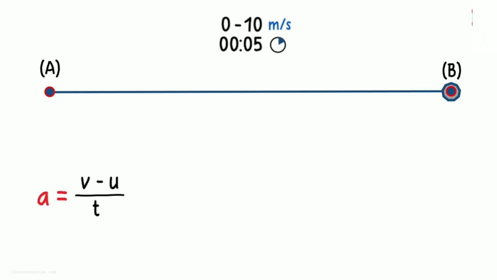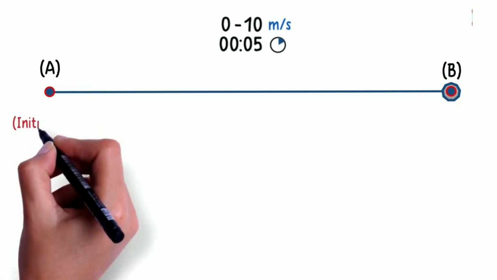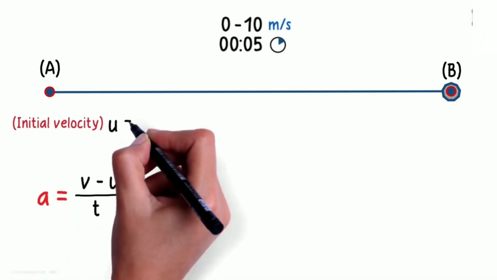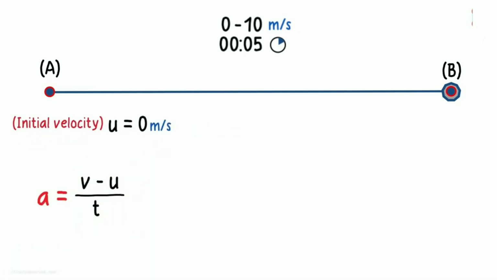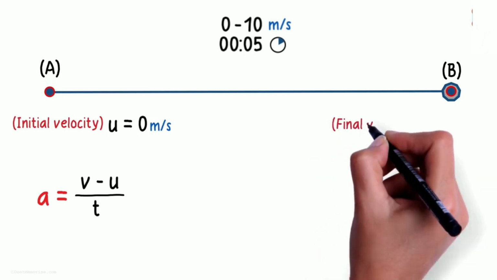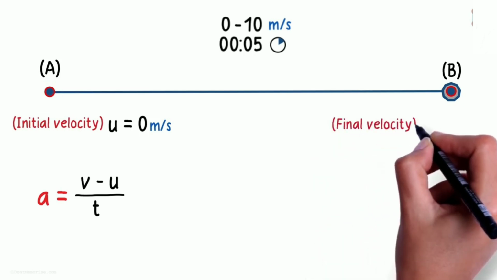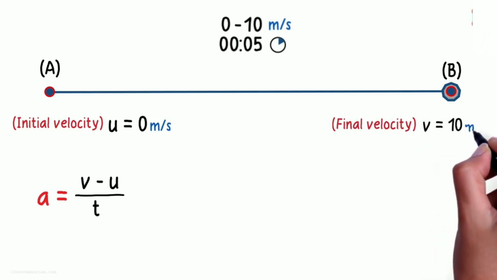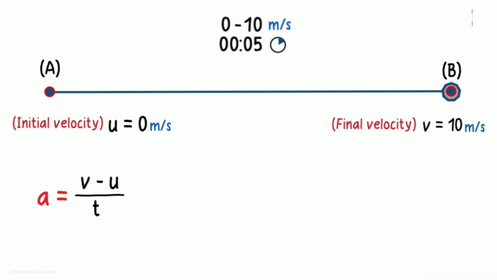First of all, we have the equation a equals v minus u divided by t. We can write the initial velocity: u is 0 meter per second, because the object is initially at rest. Then the final velocity of the object is 10 meter per second.